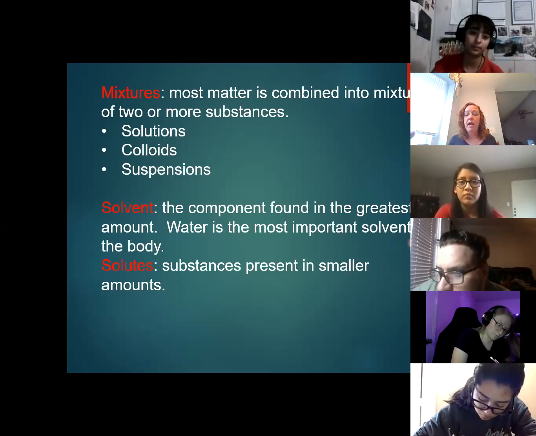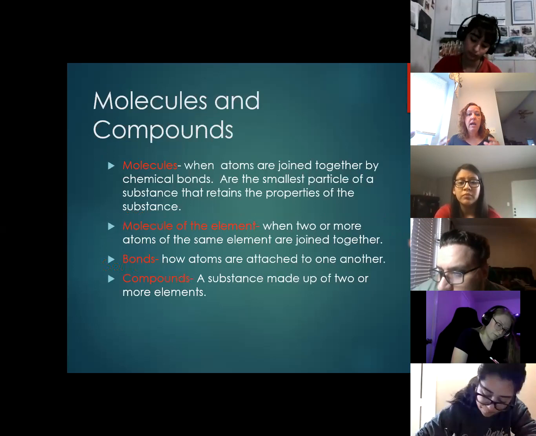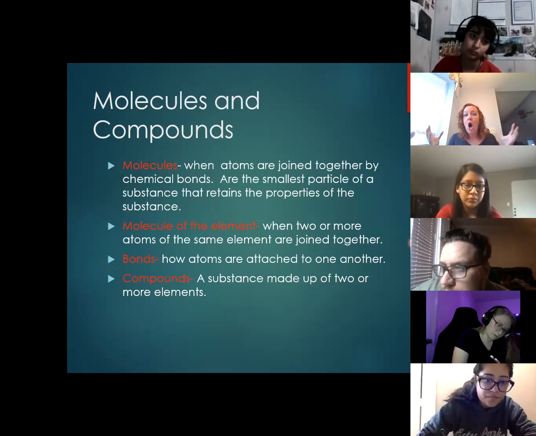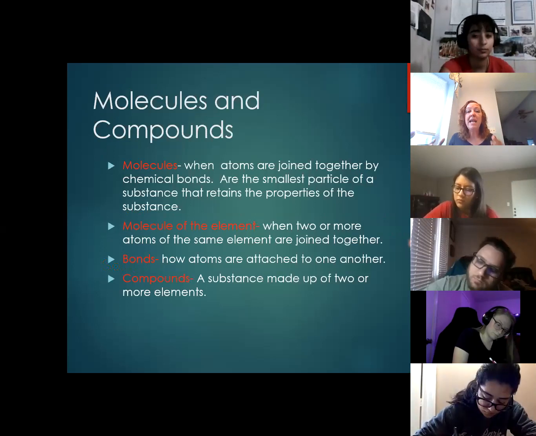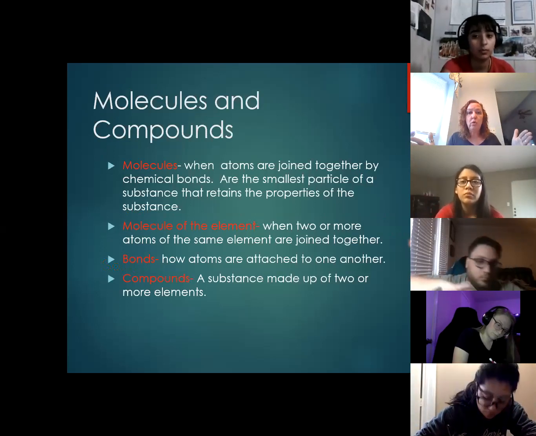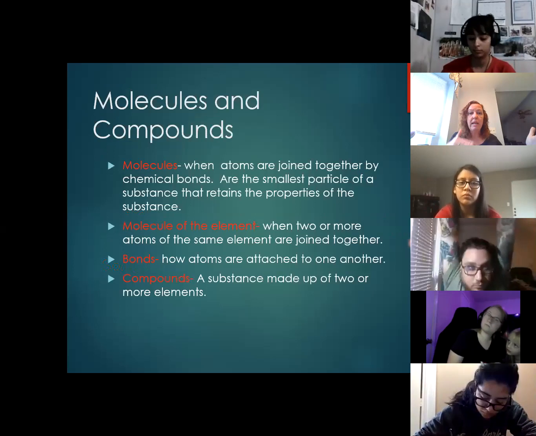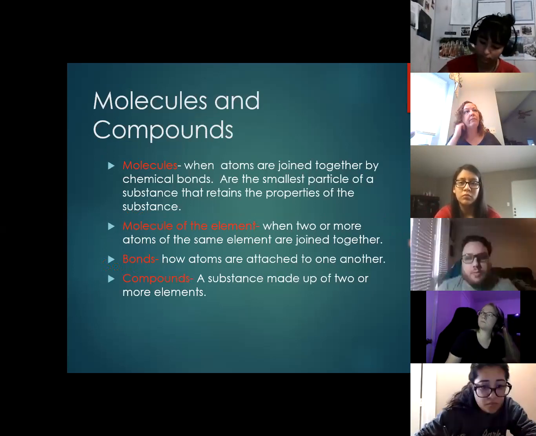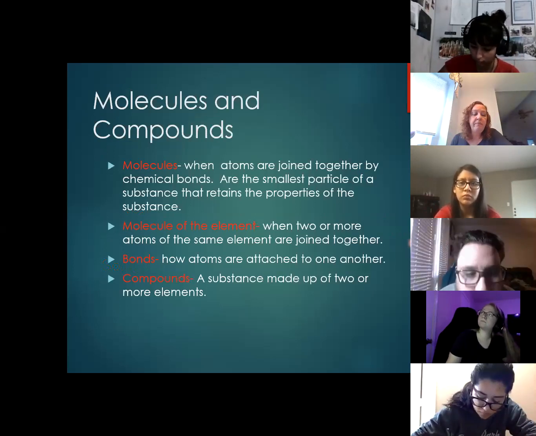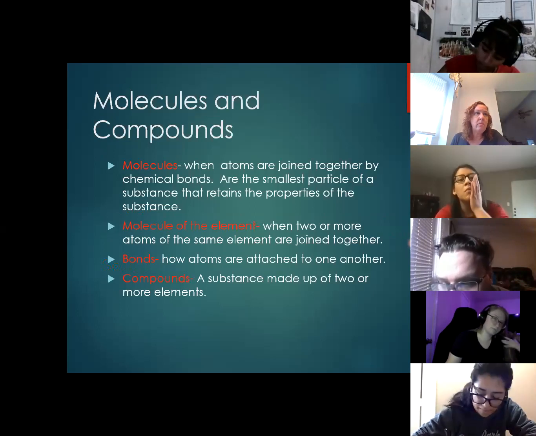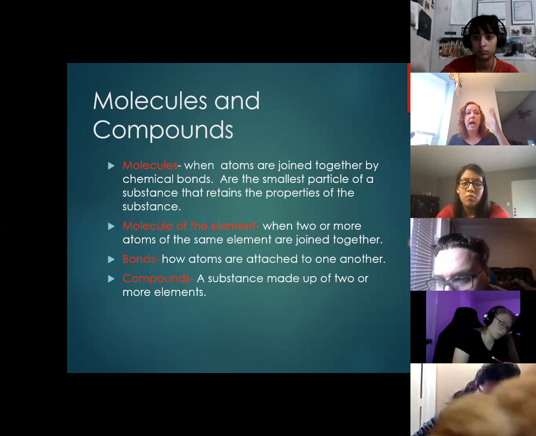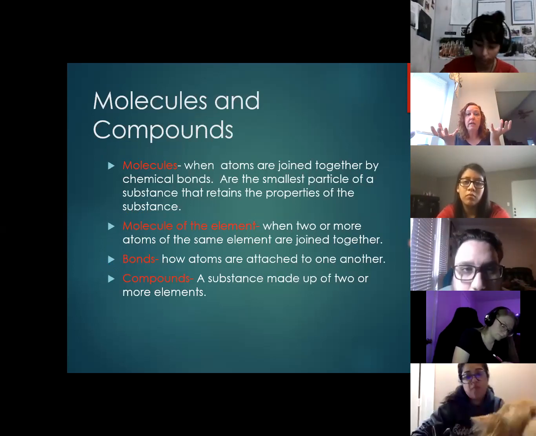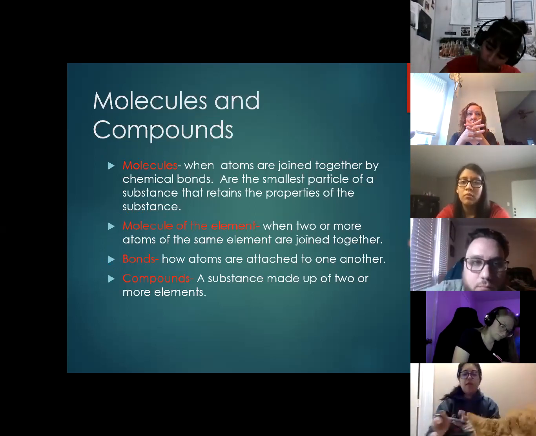If we have just a compound, which would be 2 different elements, that would be something like CO2, where you have carbon and 2 oxygen. I have a question. So if it's like sodium chloride, would that be like a compound or no? No, sodium chloride would absolutely be a compound, because we have 2 elements that are different bonded together.